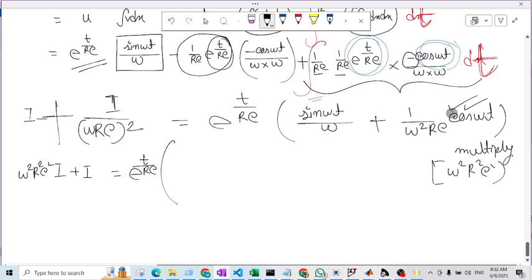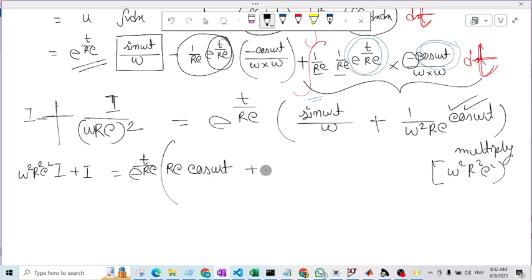So if I multiply this second term with omega square R square C square, I will simply have RC cos omega t, and then again multiplying this thing, I will get omega R square C square sine omega t.